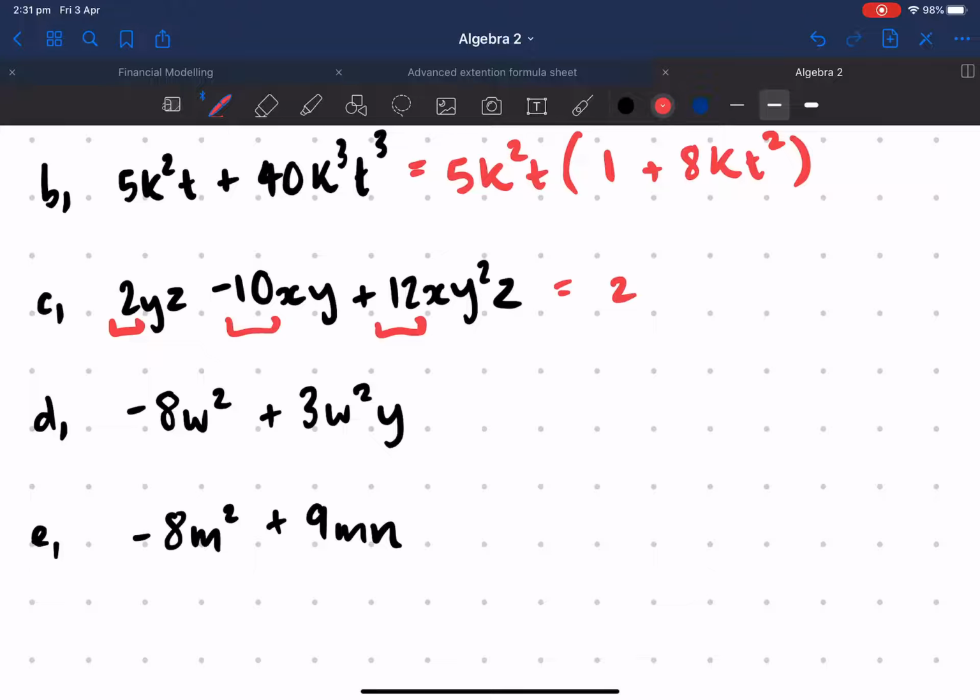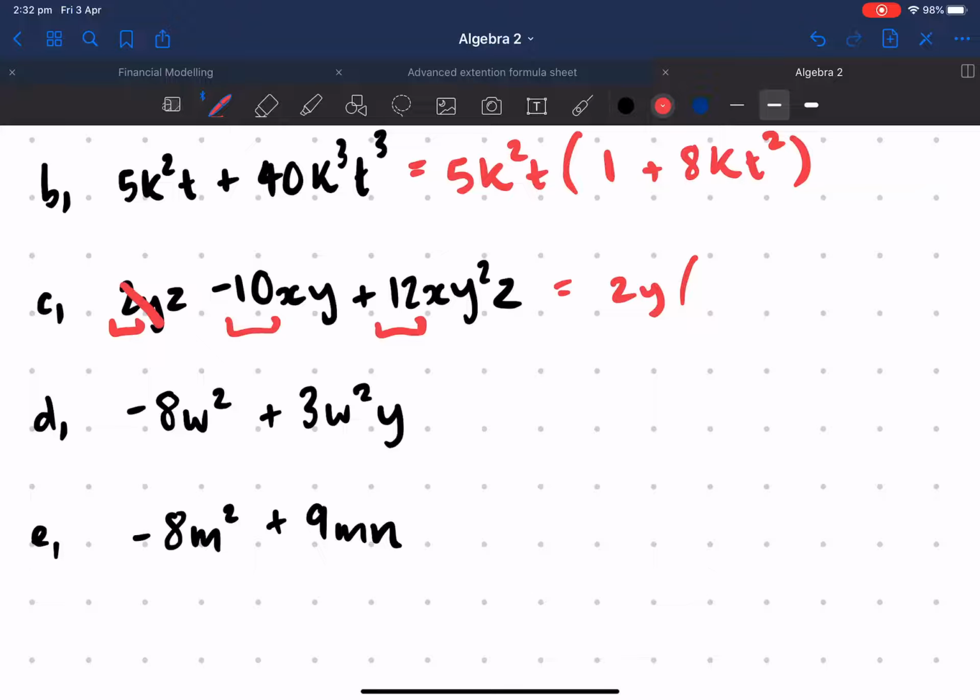Then I'm looking for any algebra, any letters that go into all 3 parts. Now, y is here, here, and here. So I can definitely pull a y out the front. But you'll notice that there's a z here, an x here, and both over here, but there isn't any other letter besides y that is constant through every single term. So 2y is all that I can pull out the front.